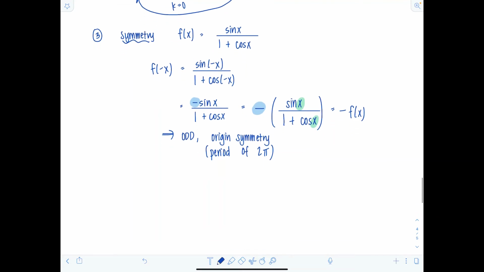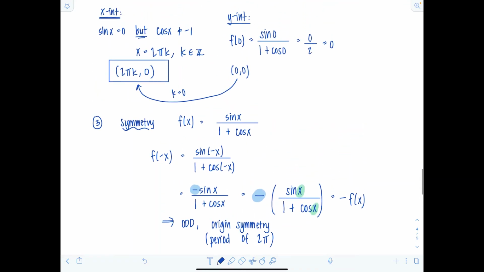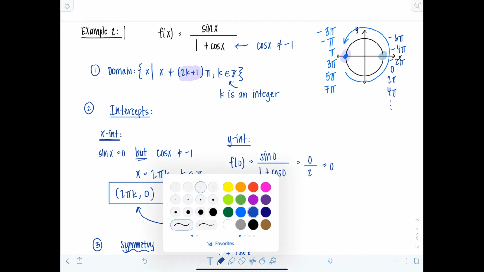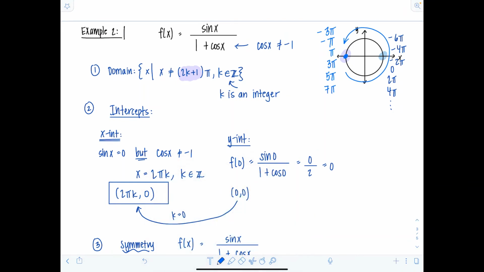If you didn't quite catch that, it's no problem, because we figured out where all the intercepts were. They keep coming every 2 pi. And same thing with the domain, we have to restrict all odd multiples of pi, but that repeats every 2 pi. So you should have picked up on the fact that the period of this graph is going to be 2 pi.